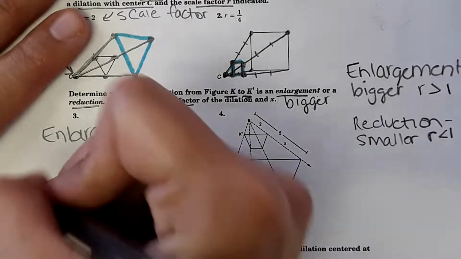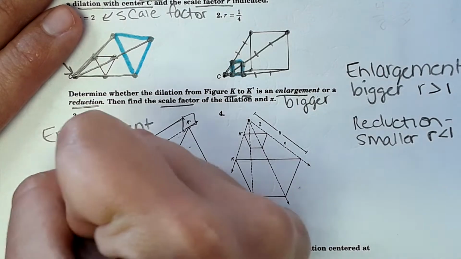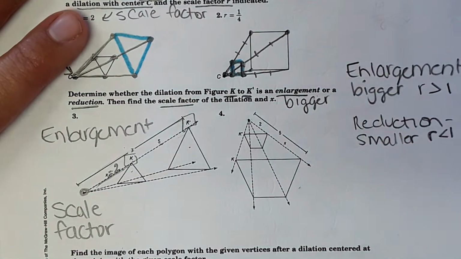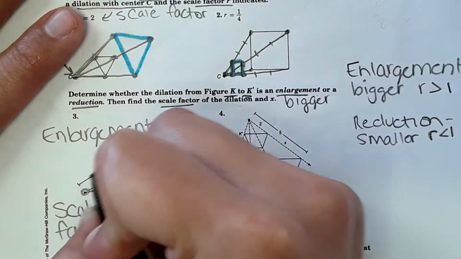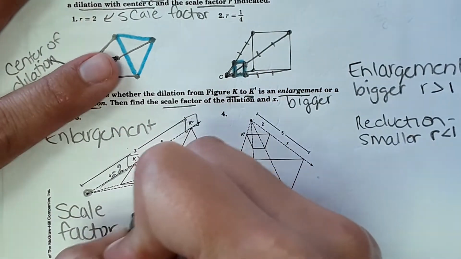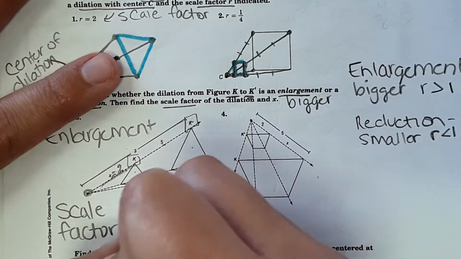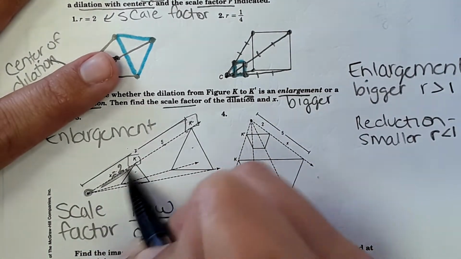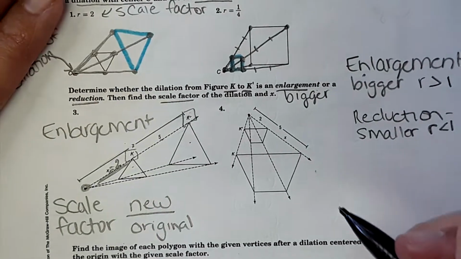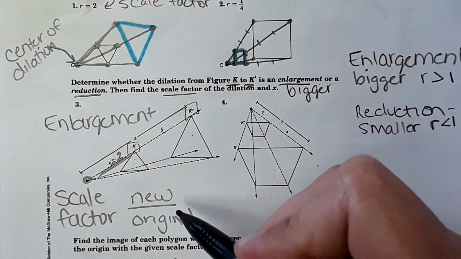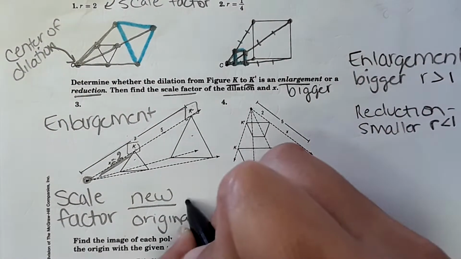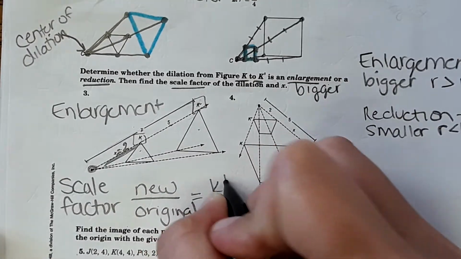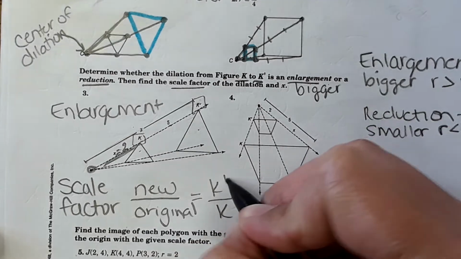Okay, so now we have to find scale factor. And how do we do that? We take the new length, which is from the center to K prime, and put it over the original, which is this distance. Or another way to look at it, the reason why I wrote it like this is because there'll be different types of situations that we'll get to in a second, but the other way to think of it is like K prime over K. The new one over the old one.